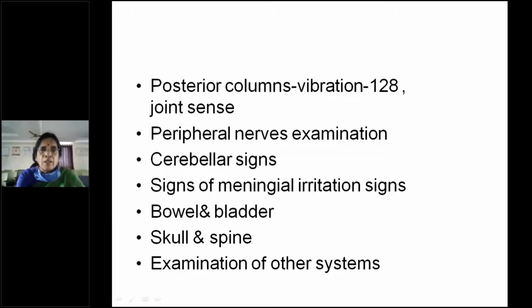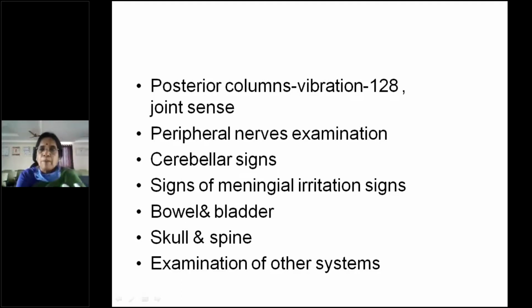So what are the things we have to examine for the posterior column? The pyramidal tract is over, then cerebellar signs, sensory system, then peripheral nerve and later. Then cerebellar signs, posterior column signs. What are all the signs you have to test? Vibration.